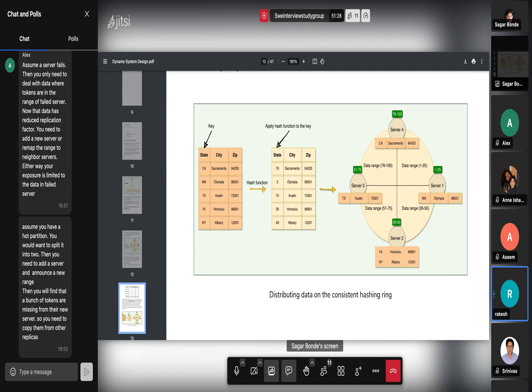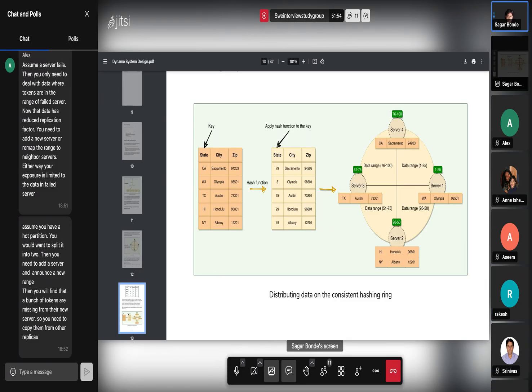There is a hash function applied to the keys. California is 79, so CA is mapping to 79. What was 75? So server 3.